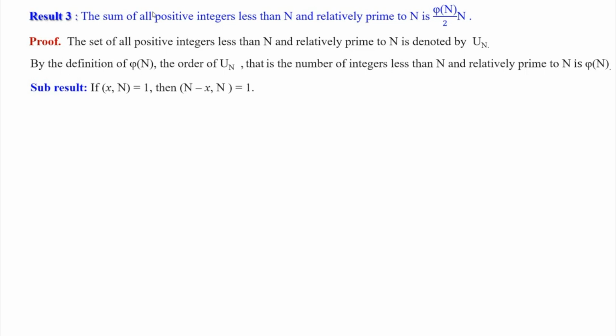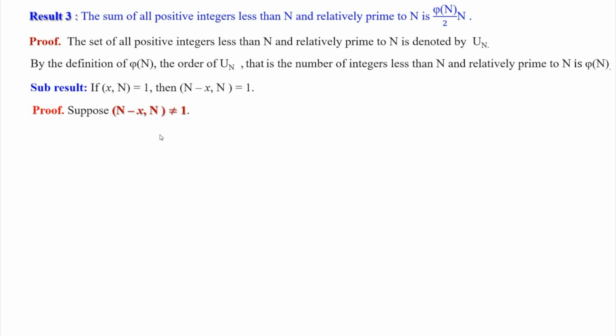So now to prove the main result, we have the sub-result which states that whenever x is a number which is relatively prime to n, then n minus x will also be relatively prime to n. So suppose we assume that this is not true. We want to establish this, so we'll assume the contrary and arrive at a contradiction.